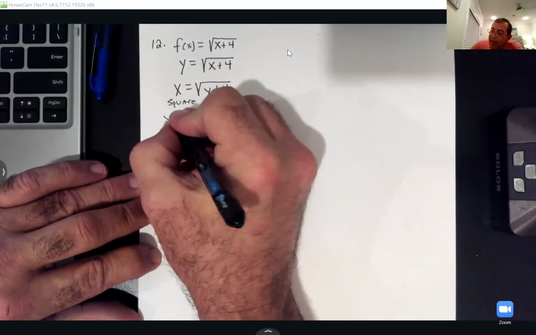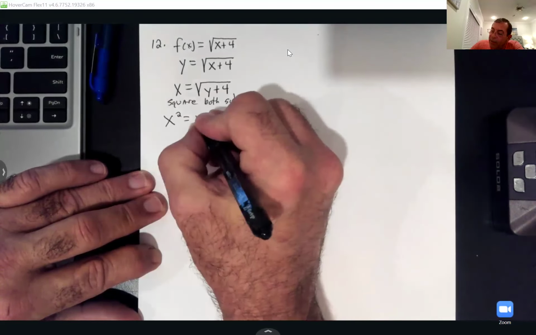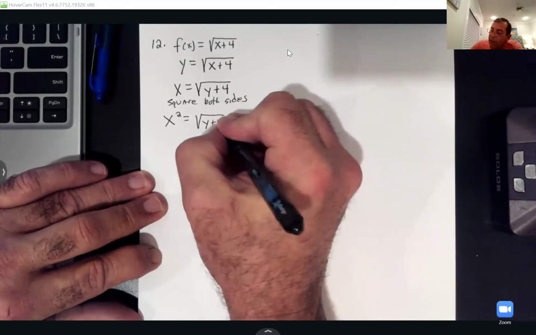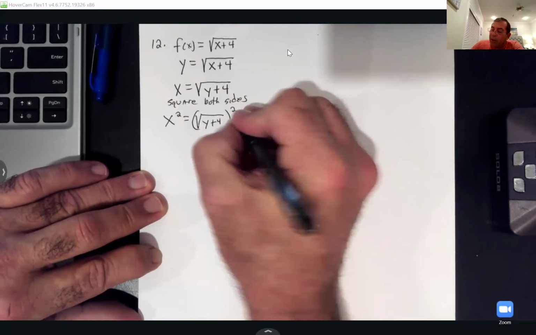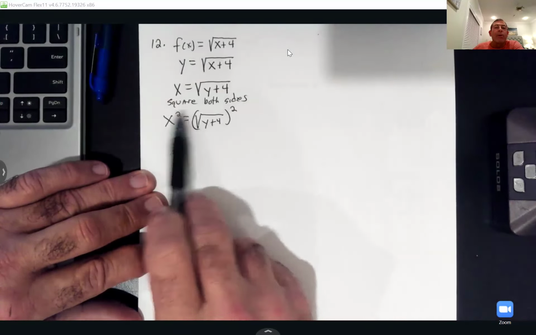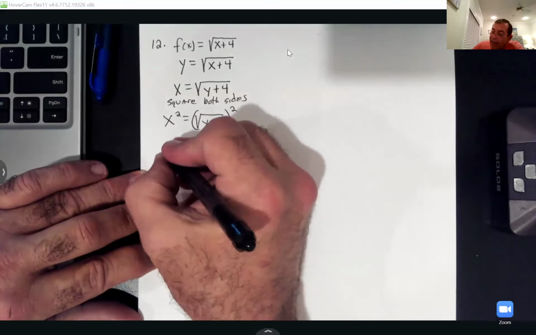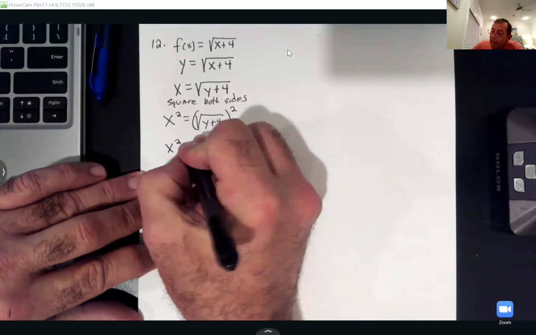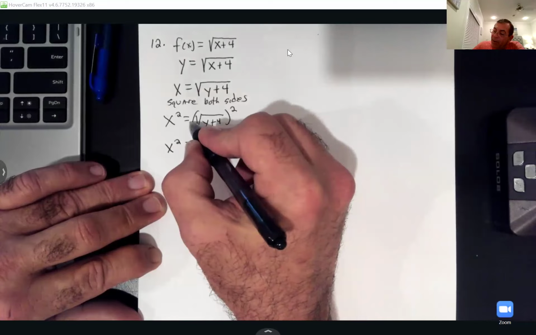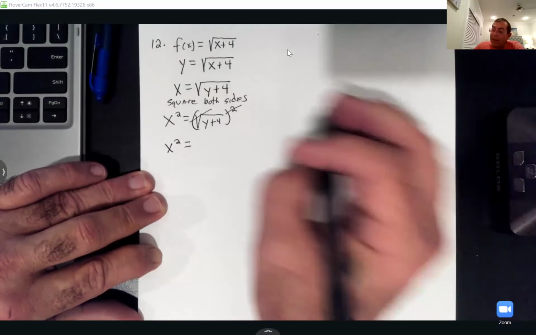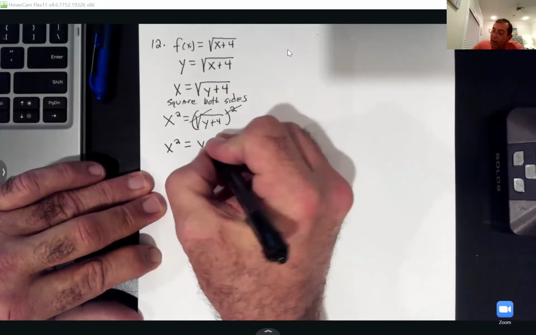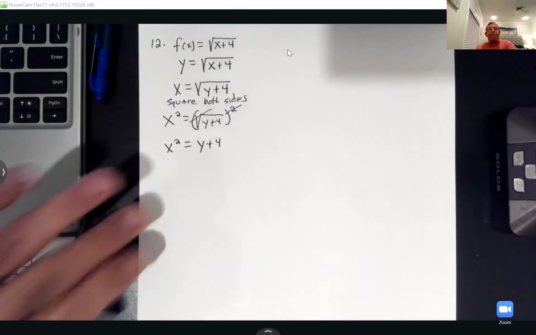So that'll give me an x squared equals my square root of y plus 4 squared. But we couldn't do nothing with the x squared, so bring that down. But here, remember, the radical cancels the exponent, leaving a y plus 4.